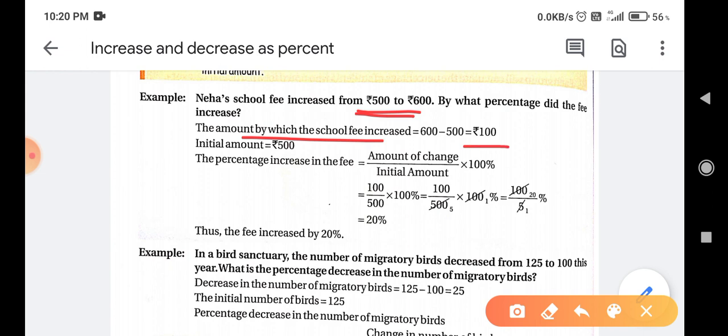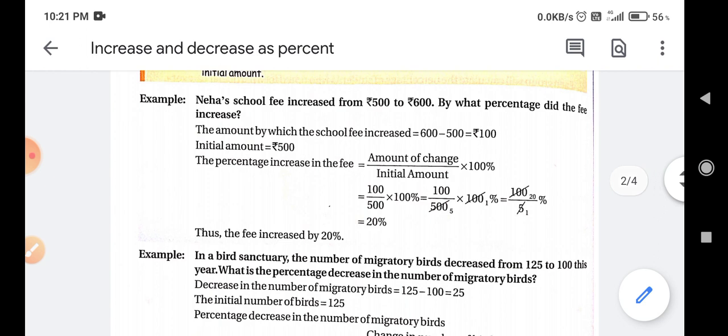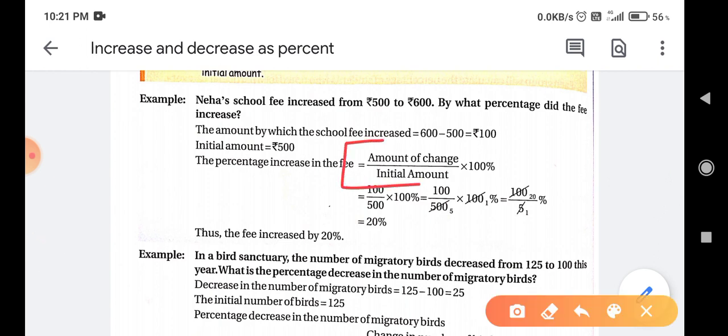That means the change is 100 rupees and the initial amount was 500. So percentage increase in fees will be equal to amount of change over initial amount multiplied by 100%. This is the formula.